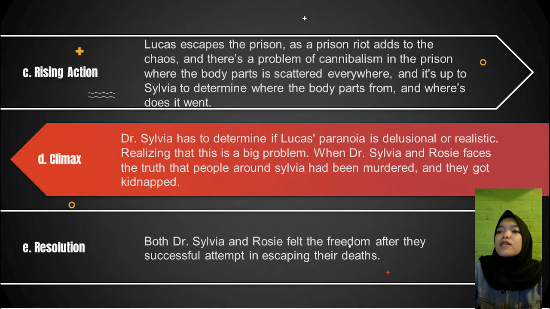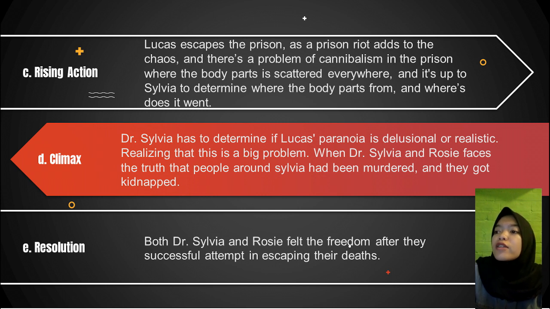Page 6. C. Rising action. Lucas escapes the prison as a prison raid adds to the chaos, and there's a problem of cannibalism in the prison, where the body parts are scattered everywhere, and it's up to Sylvia to determine where the body parts are from and where they went. D. Climax.